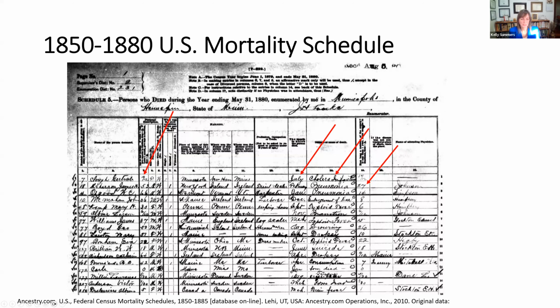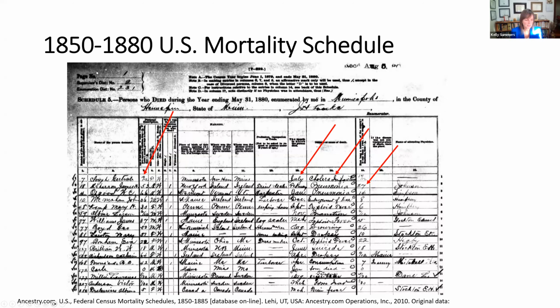If we went to another line, again, James was 53. He was married, born in New York, father in Ireland, mother in Ireland. Then we have his occupation. The month he died was February, and pneumonia. And then I think this one was how many years he had been in this location.